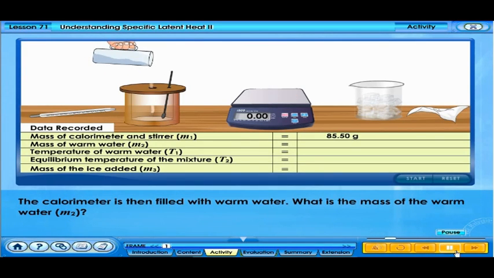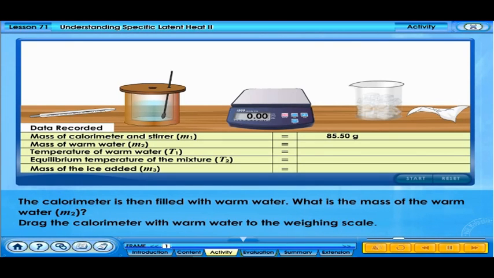The calorimeter is then filled with warm water. What is the mass of the warm water, M2? Drag the calorimeter with warm water to the weighing scale.